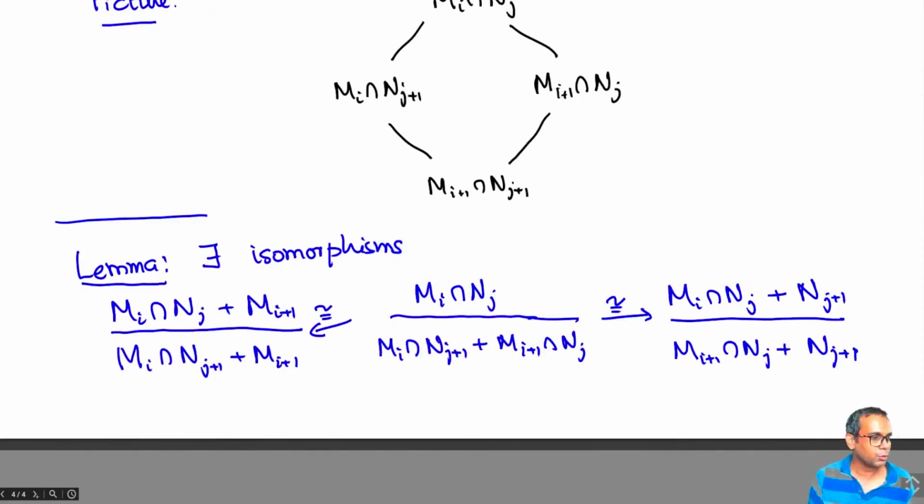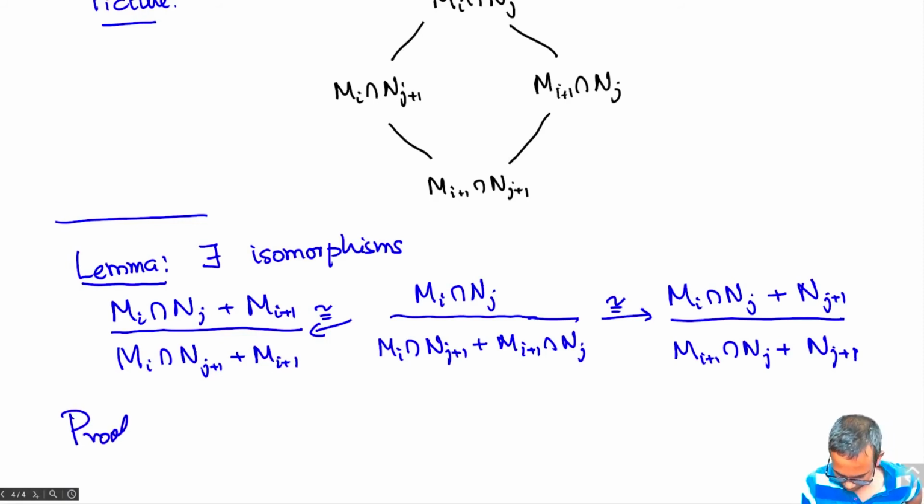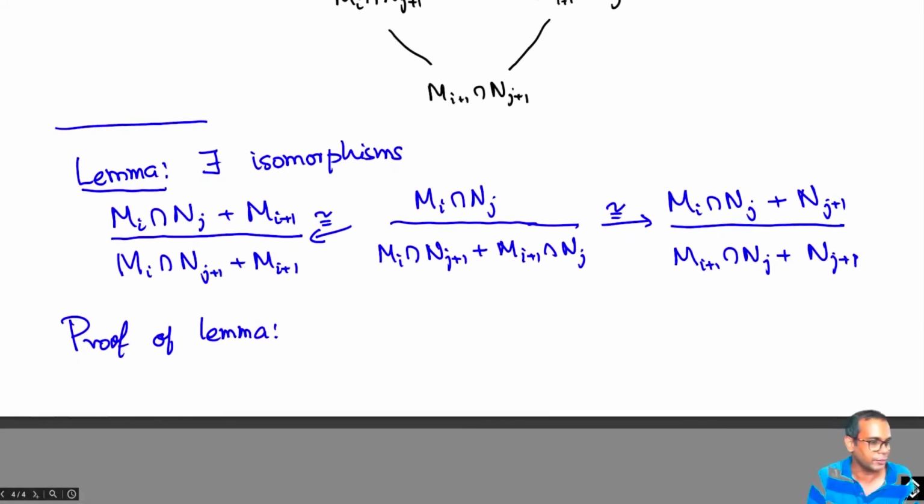Okay, and let's see how to prove this lemma. This is a fairly straightforward exercise. So, proof of lemma. What you do is, let's try to define an isomorphism for the modules on the left, and the other one will be quite similar, just interchanging the role of m with n and the role of i with j.